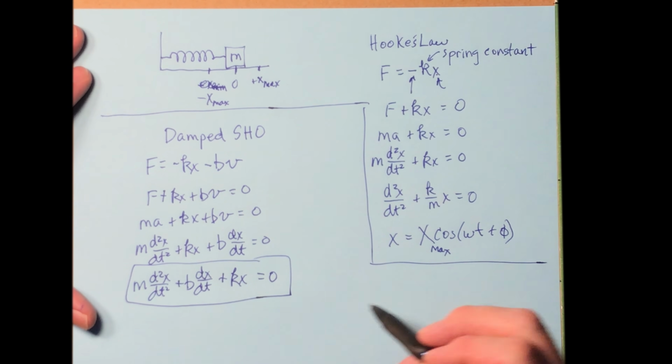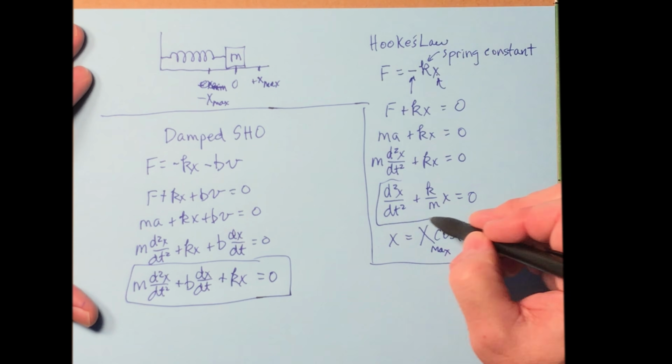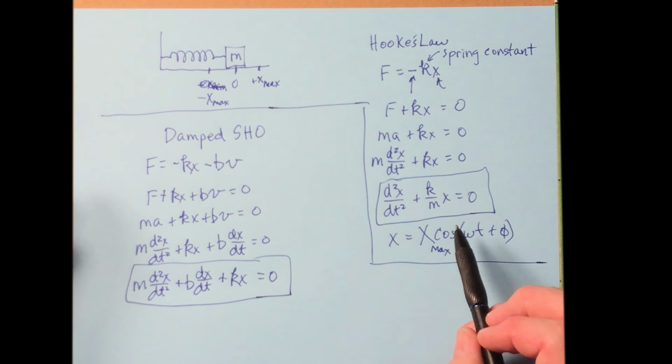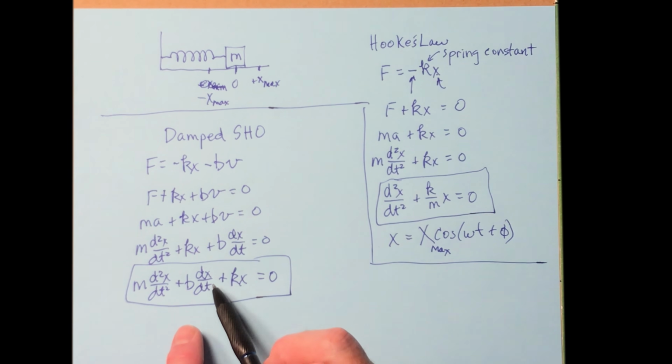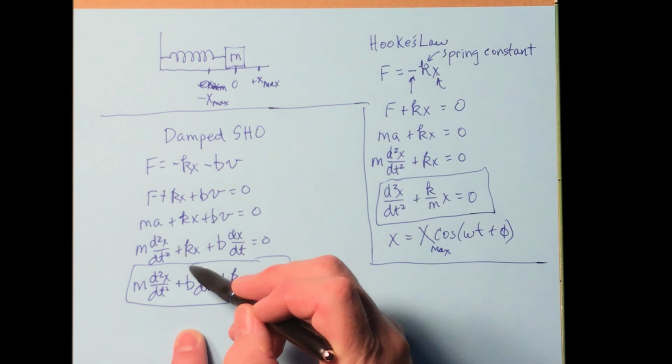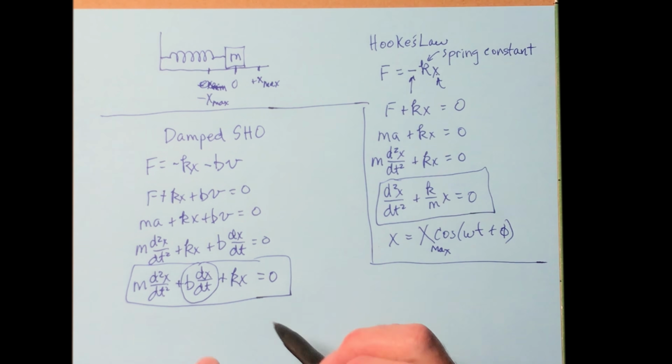Now, my equation here and this equation here with no friction, you can see they're identical equations except for the middle term. The middle term is the one that's due to friction.